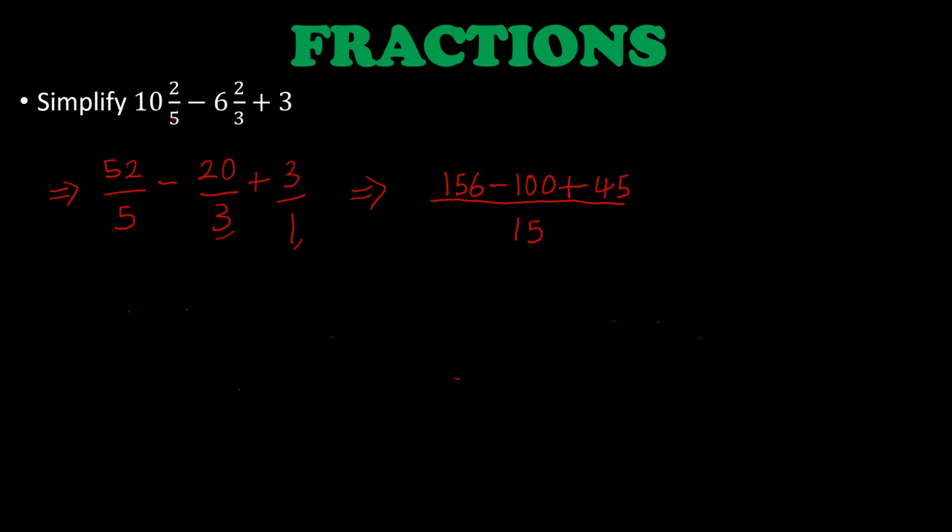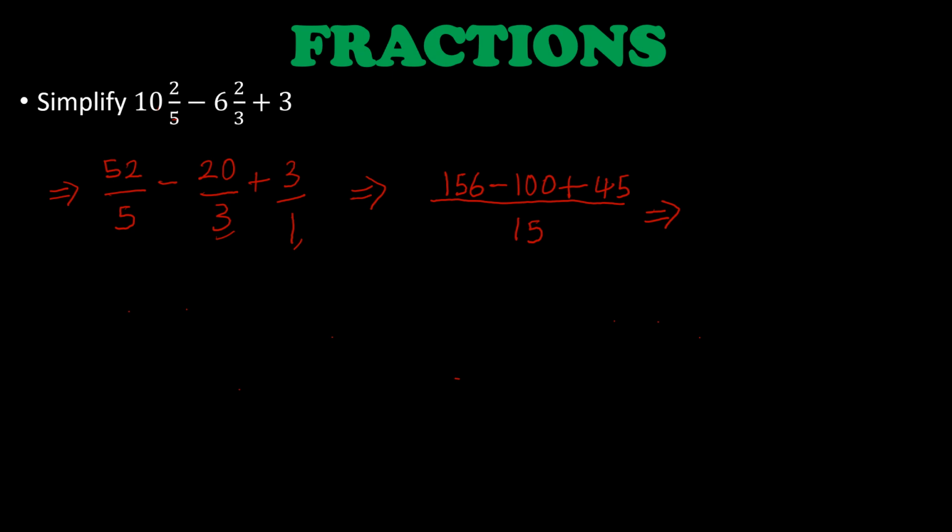Now, at this point, everything is already almost completed. We simply subtract and add where necessary. So 156 minus 100 will give us 56. And 56 plus 45 will give us 101.